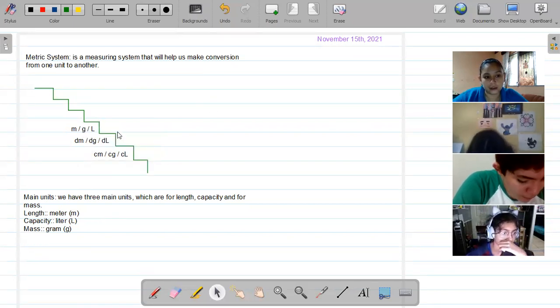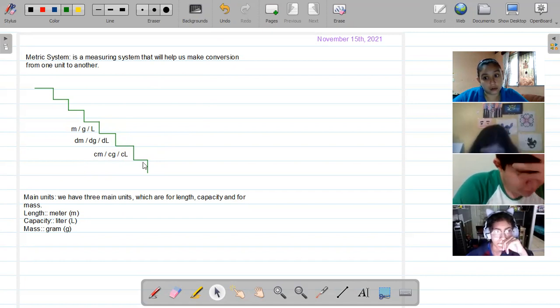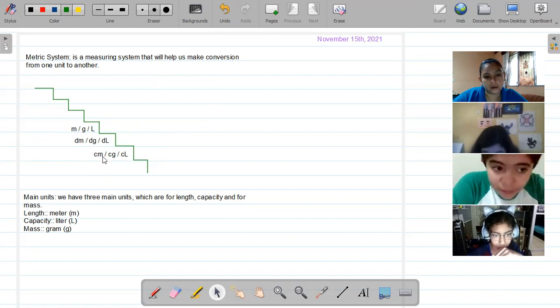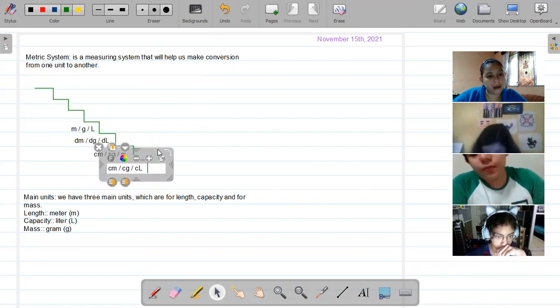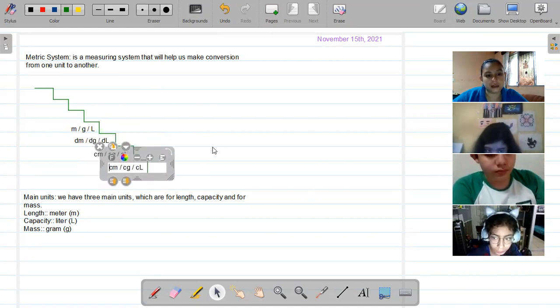So from meters to centimeters, you got 100 because 10 times 10 is 100. So it's a multiplication or it's either a division. So from 1 meter, you have 100 centimeters. The same thing goes from 1 gram, you got 100 centigrams.